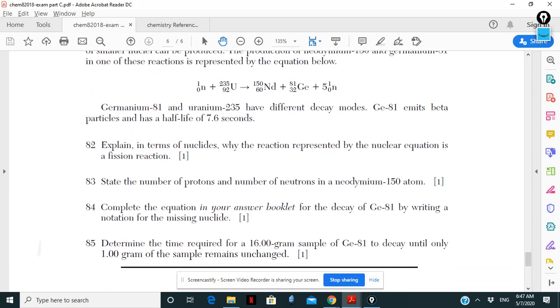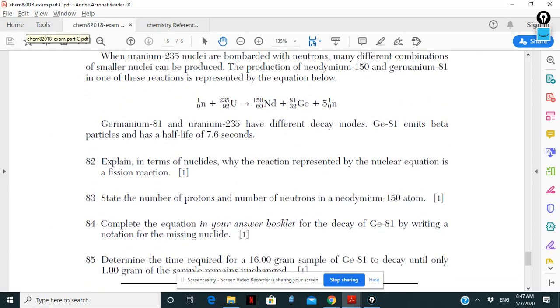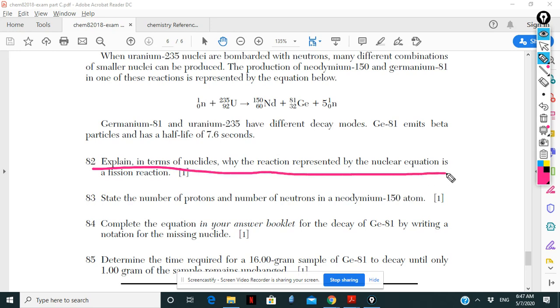Question number 82 to 85. Explain in terms of nuclides why this reaction is represented as nuclear fission. Fission, because I started with one nuclide, or one atom, and I ended with two nuclides.